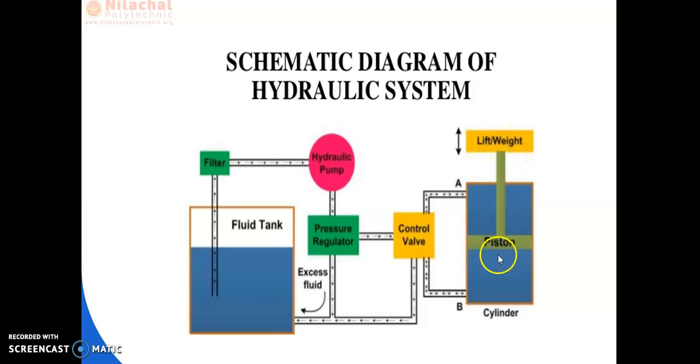The piston rod is attached to the piston, which reciprocates inside the cylinder from point A to point B. While the piston moves from the top, point A, to point B, the weight is lowered. While the liquid is fed from point B, the piston moves from lower to upward, and thereby the piston raises the load.